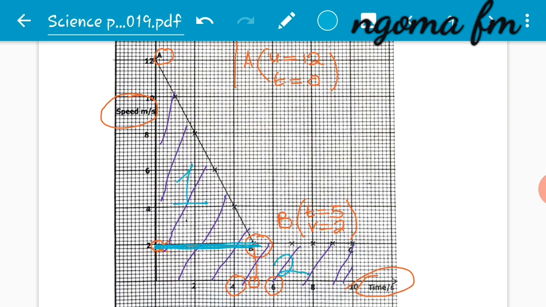So for me to find the area, I need to know the base of the triangle. Because remember, area of a triangle is equal to half BH, half base times height.